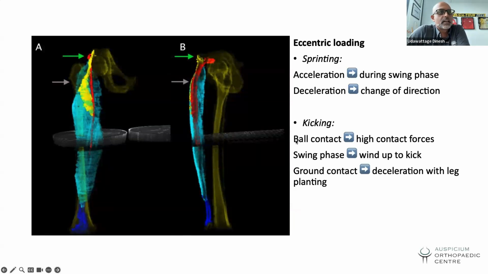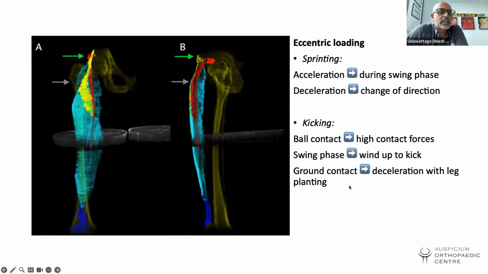With the kicking, it's usually with the ball contact, and there are high contractile forces to strike the ball, or it can be during the swing phase as they're stretching back their leg and winding up to kick the ball.